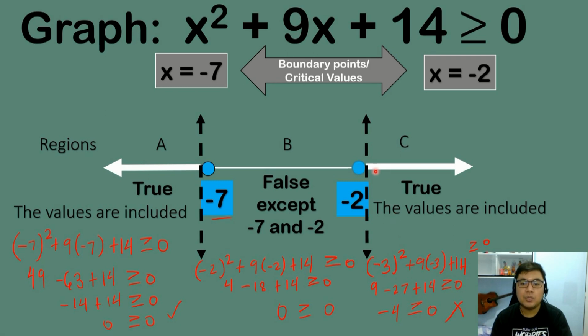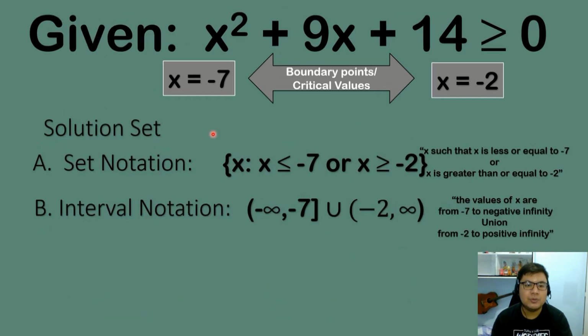And then yung mga true natin dito, yung mga values na included sa solution set, yung negative 2, negative 1, yung mga number na mataas sa negative 2. Then sa kabila naman, we have negative 7, negative 8, negative 9, and so on. So yung mga numbers na mababa or equal sa negative 7. So sulat na natin yung solution set natin.